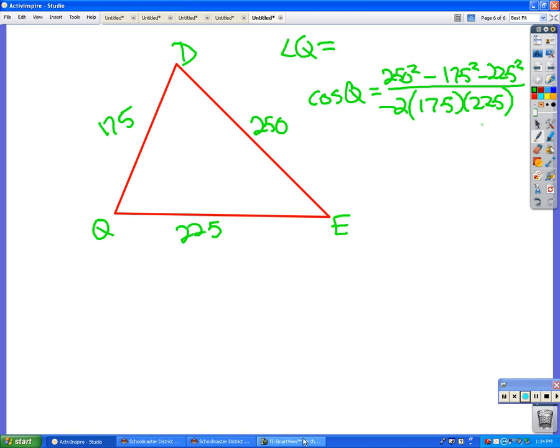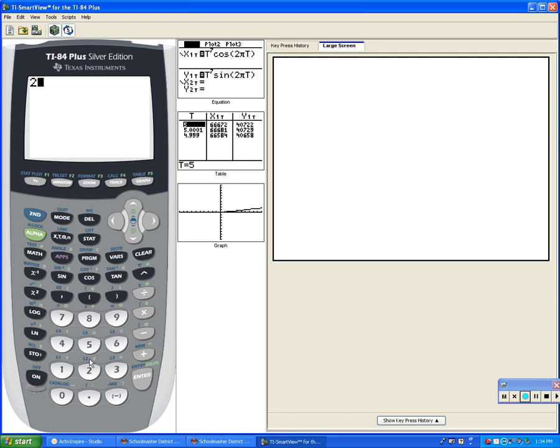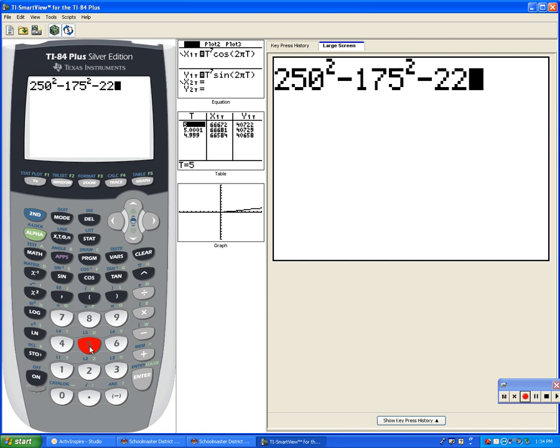So what I'm going to do is go 250 squared minus 175 squared minus 225 squared. And I'm going to figure out what that is first.